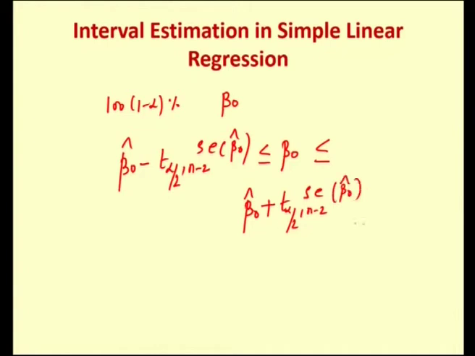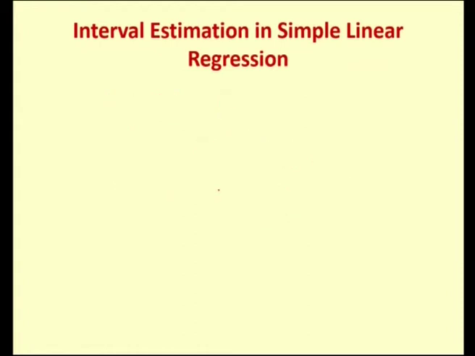Again this becomes the upper limit and this becomes the lower limit, and errors are IID.